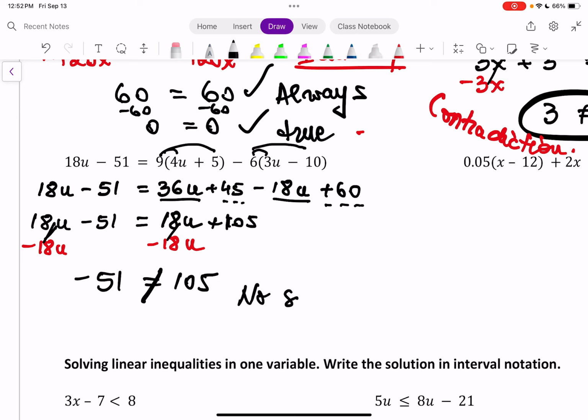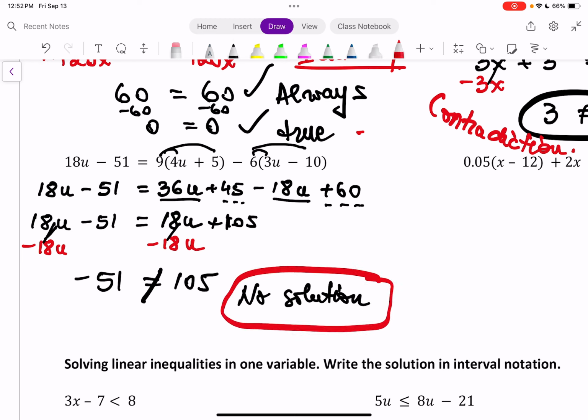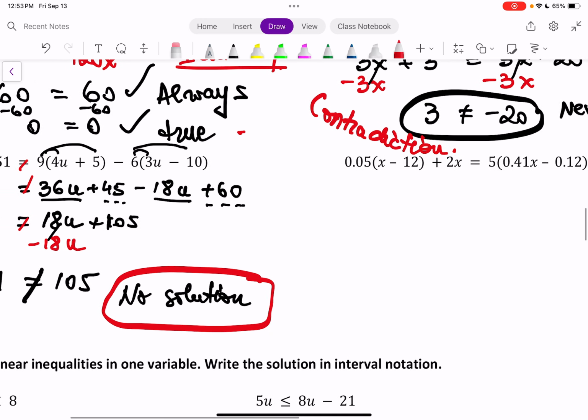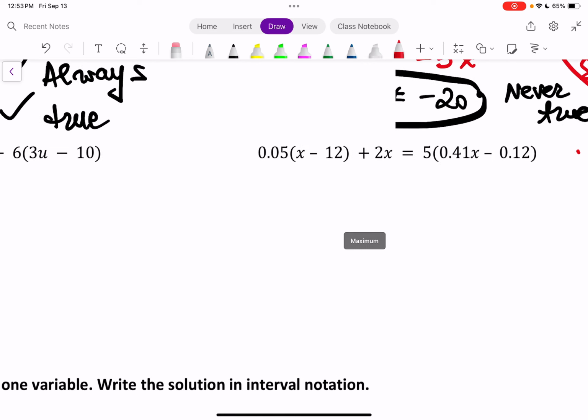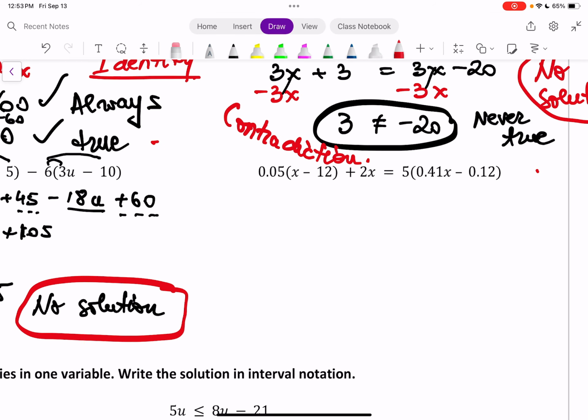So therefore, we'll get no solution in this equation because it's never true. So and so on and so on. These are all equivalent equations. In other words, they have the same answer. And they're equivalent equations because we've changed both sides of the equal sign the same way.